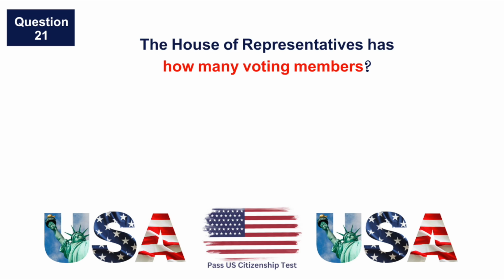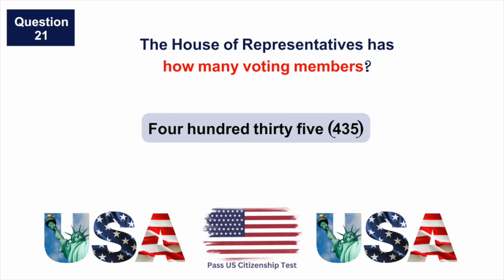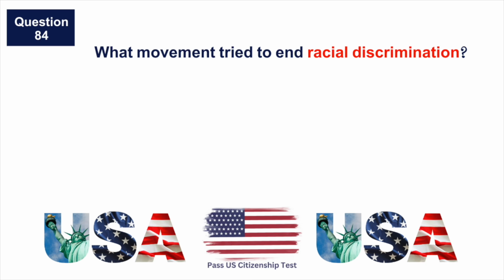The House of Representatives has how many voting members? 435. What movement tried to end racial discrimination?